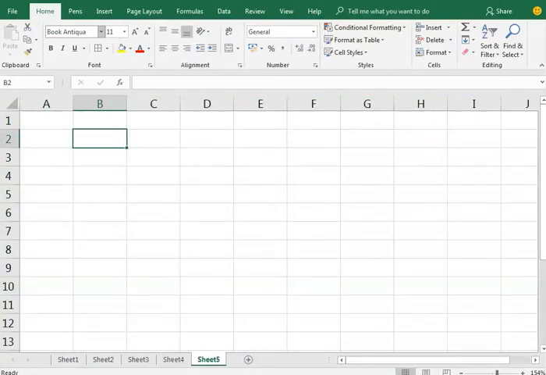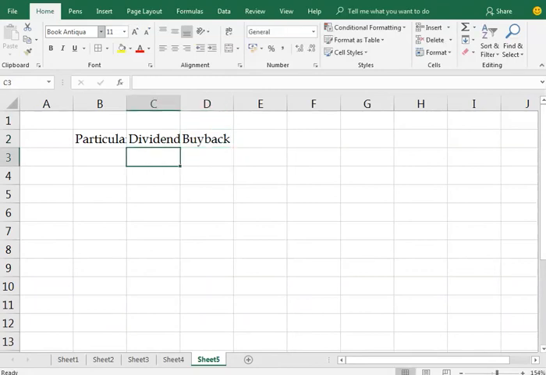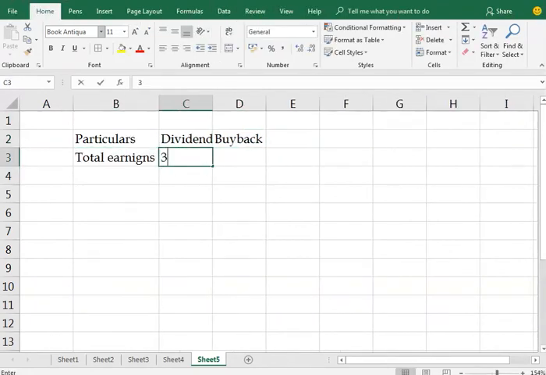Now listen for some time. Just to prove the fact that whether you pay dividend or you do buyback, both are the same if they don't give me additional information. Now please listen. Particulars: dividend, buyback. My total earnings is going to remain 3 lakhs.